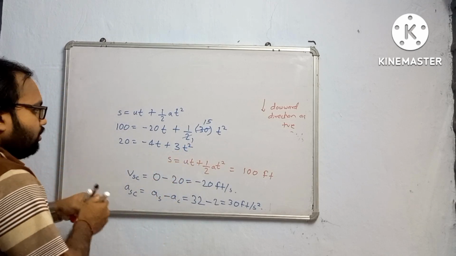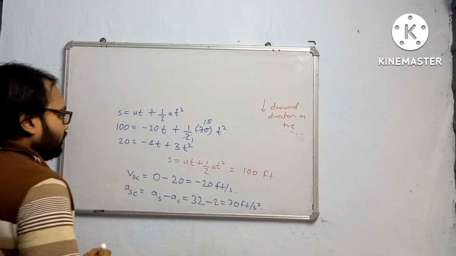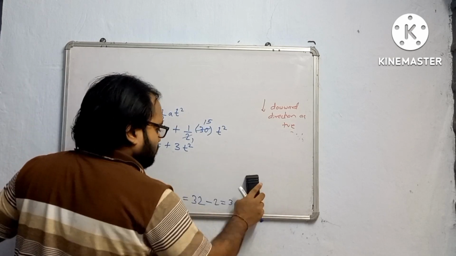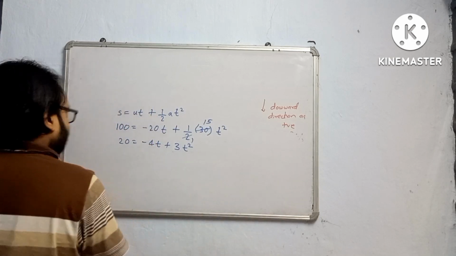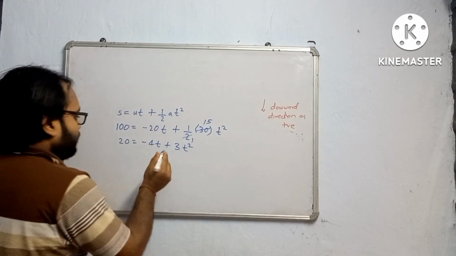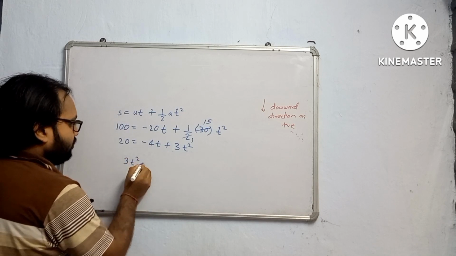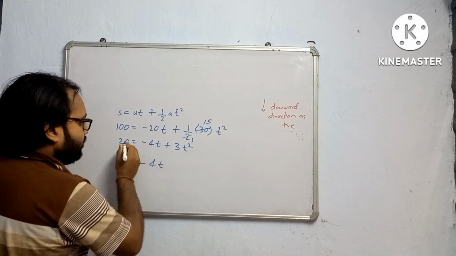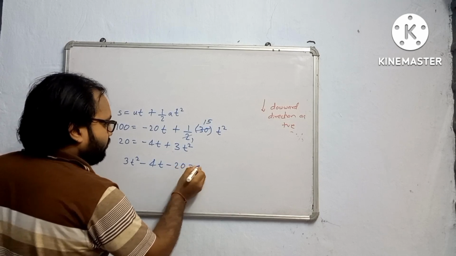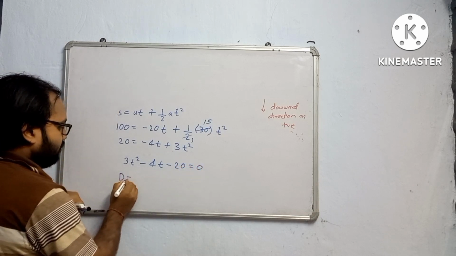We have to solve this equation and find the answer. Let us solve. T square minus 4t, this will come this side, minus 20 is equal to 0.